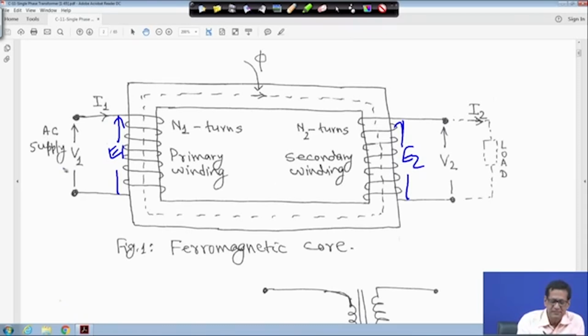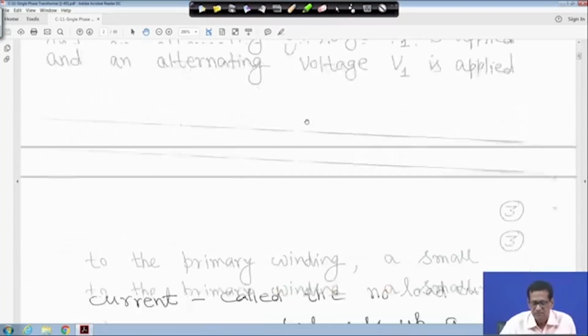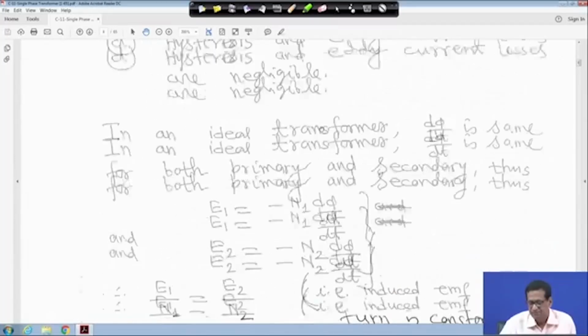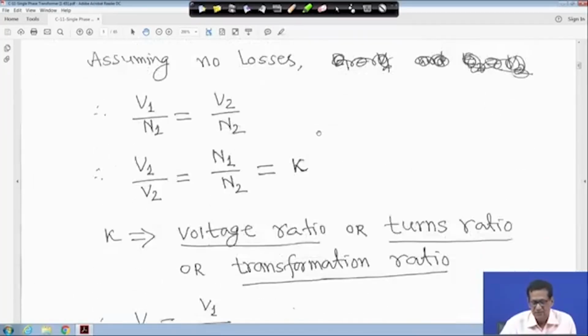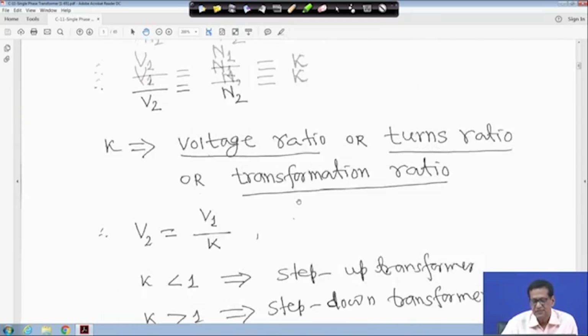Later we will see the relationship between V1 and E1, and similarly here. So if K is less than 1, that is a step up transformer. If K is greater than 1, that is a step down transformer.